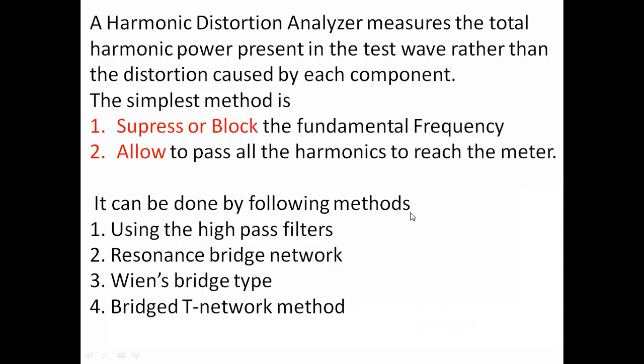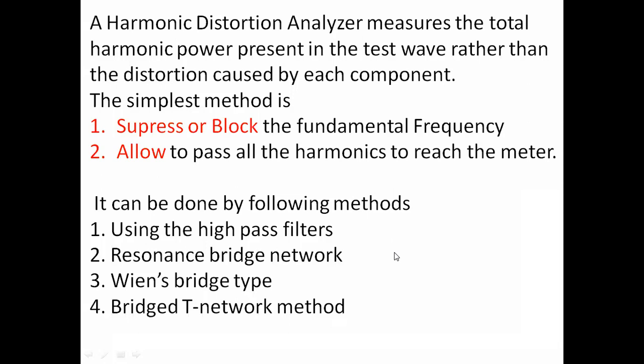The first one is using high pass filters, the second is the resonance bridge network, the third is Wien's bridge network, and the fourth is the bridged T network method. Considering these four methods, we can measure the total harmonic distortion caused by distortion of the waveform.